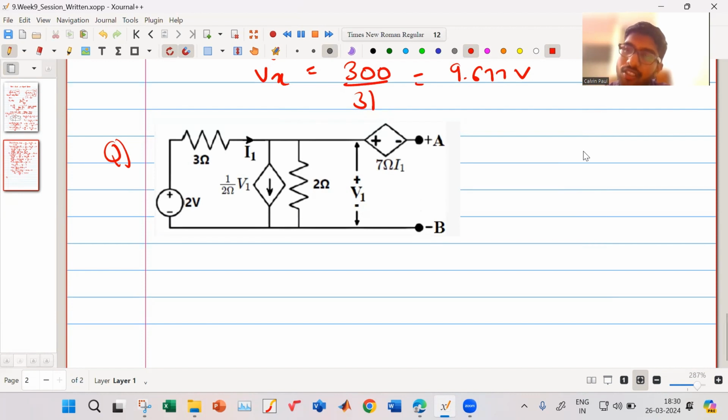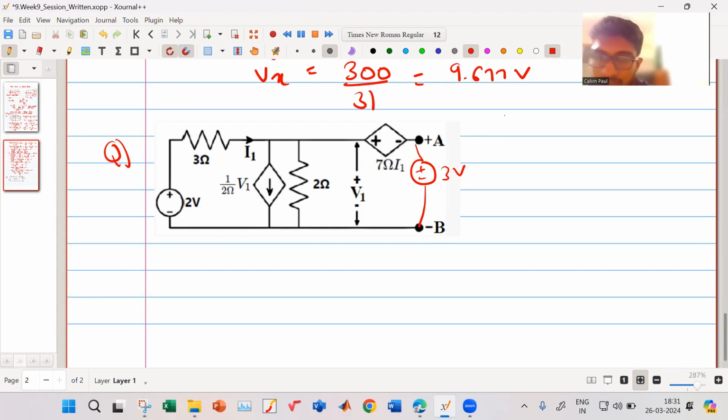Okay, if there are multiple sources, then what do you do? If there are more than two independent sources, then we can apply superposition theorem. Okay, assume there's some voltage source over here. In this case, how will you apply superposition theorem?